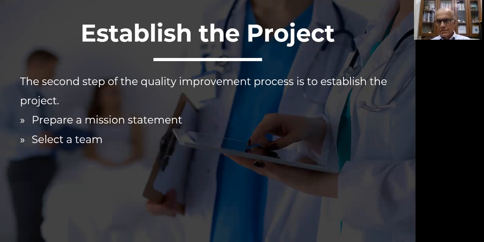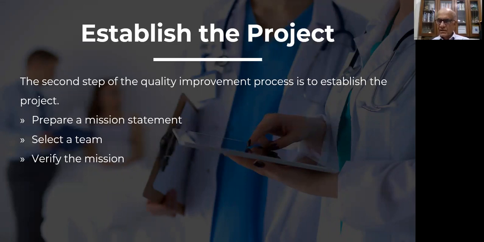The problem selects a team. Anyone impacted by the problem is a candidate for the team. The team verifies the mission, gets agreement, and that finally serves as a contract between the team and the quality council.